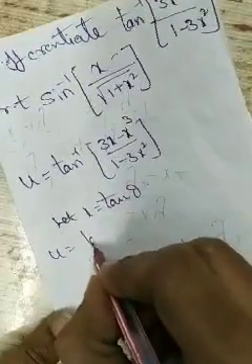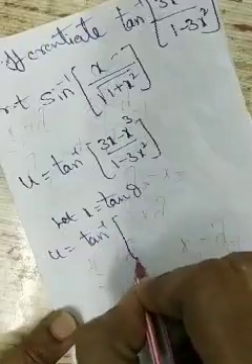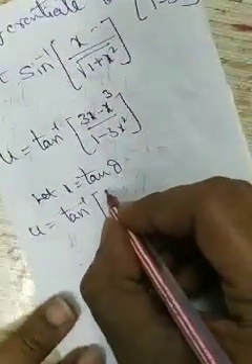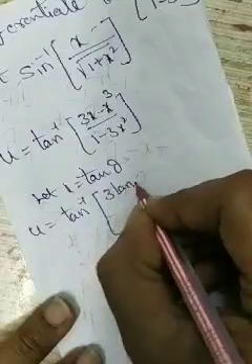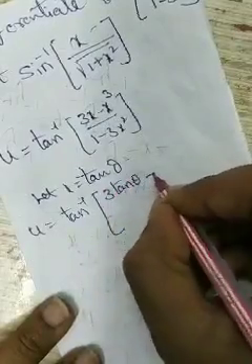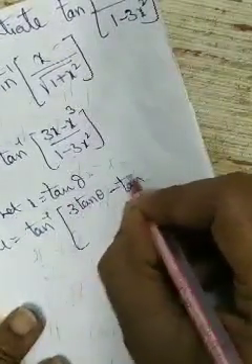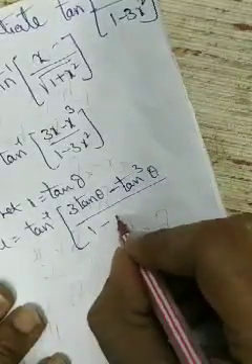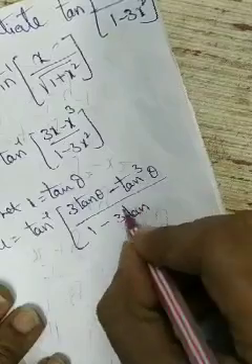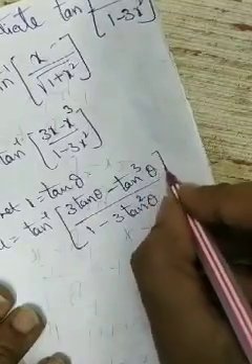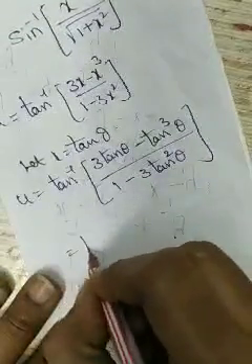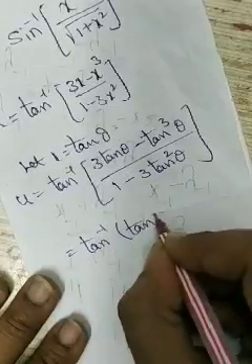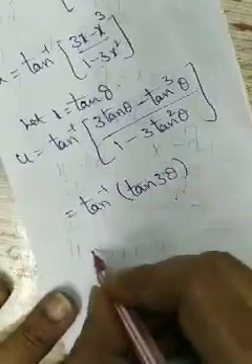So u is equal to tan inverse of 3 tan theta minus tan cube theta divided by 1 minus 3 tan square theta, which is equal to tan inverse of tan 3 theta.